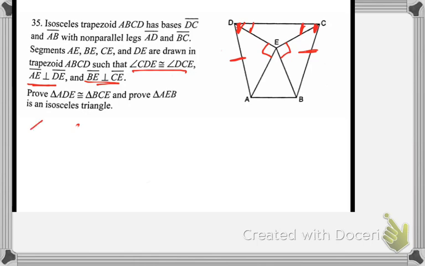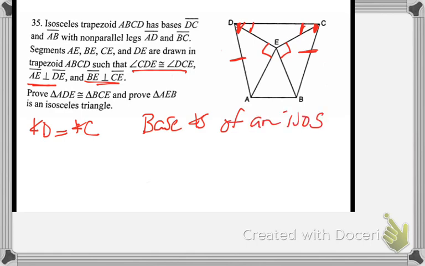So let's write that up. Angle D equals angle C, because base angles of an isosceles trapezoid are equal. Okay, so let's think about this for a minute. If this angle is equal to this, and this little piece over here is equal to this little piece, then wouldn't it make sense that this piece over here must be equal to this piece?